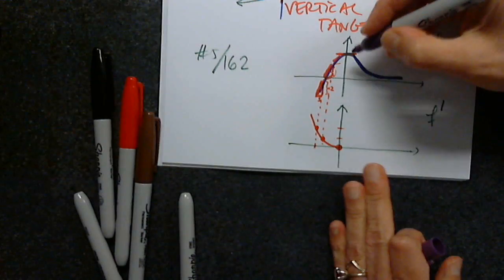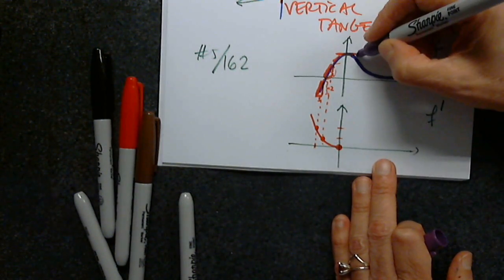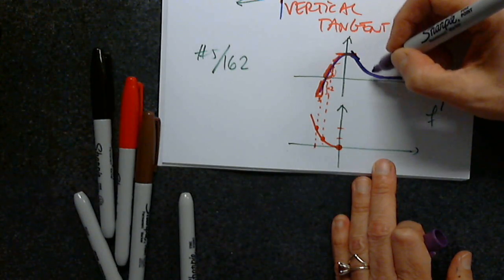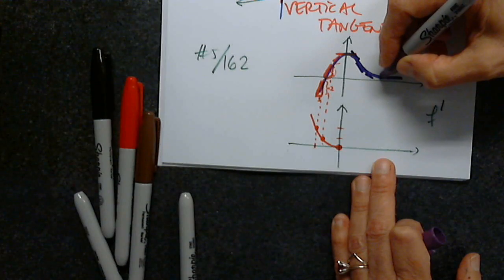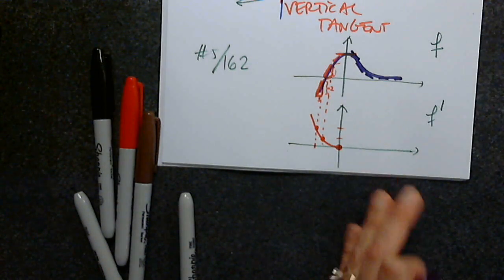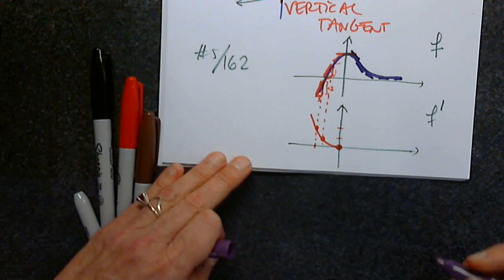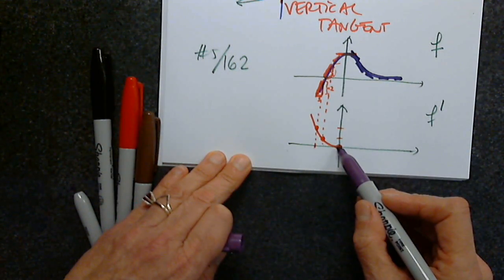Now, obviously, it starts with a negative slope. This one is a negative slope. This one is a negative slope. This one is a negative slope. This one is closer and closer to what? 0. Right.